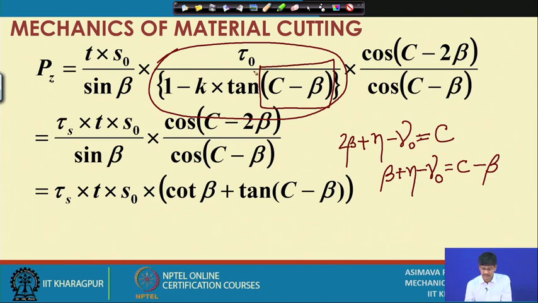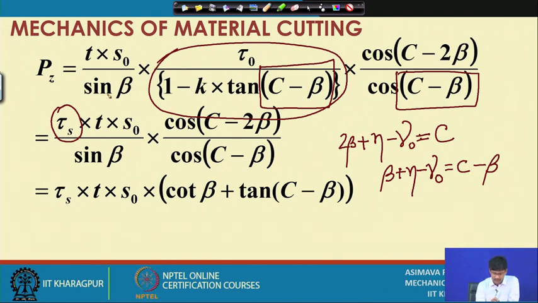Beta plus eta minus gamma o has been replaced here, and it has been replaced here, all right. And therefore, after replacement, still we know that this thing is equal to tau s, and we have straight away replaced that formidably large expression here.